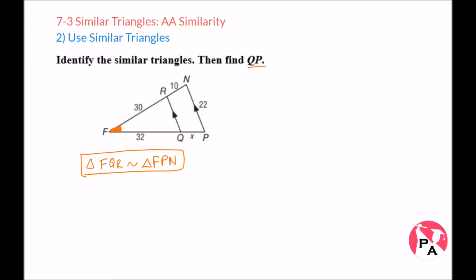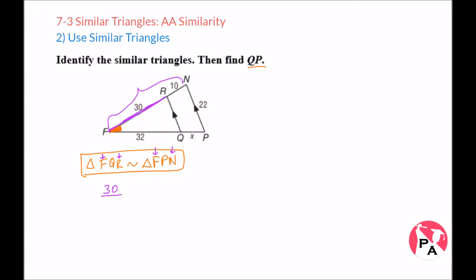It says it's X. So first thing that we need to do is writing a similarity statement. So 30 is given. I want to use FR to write down the similarity statement. FR is 30, right? So F and R are the first and the third letters, and these two are their corresponding pairs, FN.